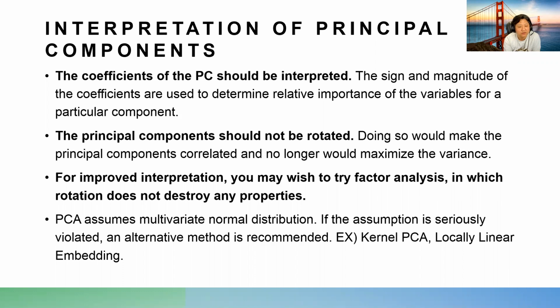If the multivariate normality assumption is seriously violated, you can try alternative methods such as kernel PCA or locally linear embedding, but they are beyond the scope of this course. But you need to know there are alternative methods to deal with non-normal distribution problems.